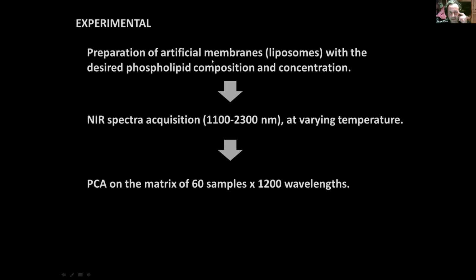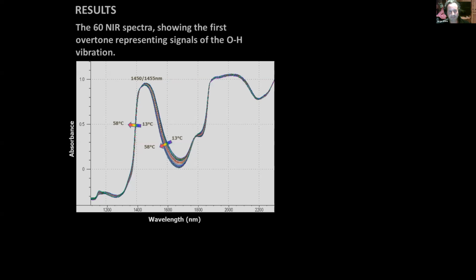Once I have the liposomes, I take the near-infrared spectra with a change in temperature, and then we apply some multivariate analysis. In this case, maybe one of the simplest, principal component analysis on the matrix of the samples and the wavelengths.